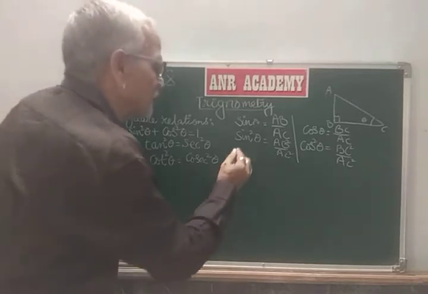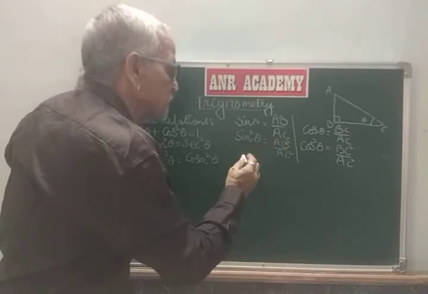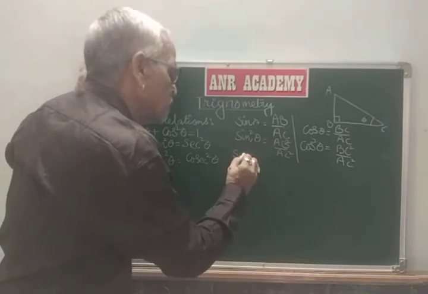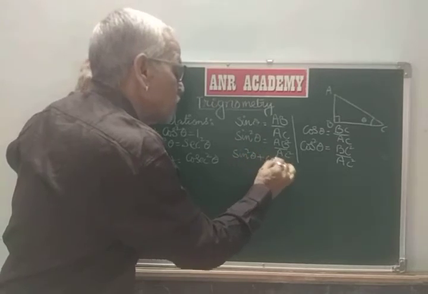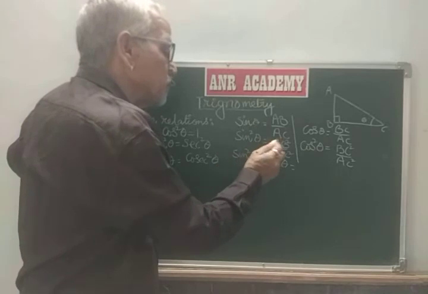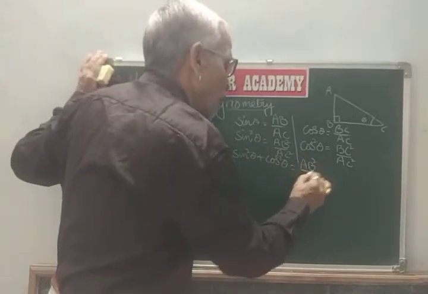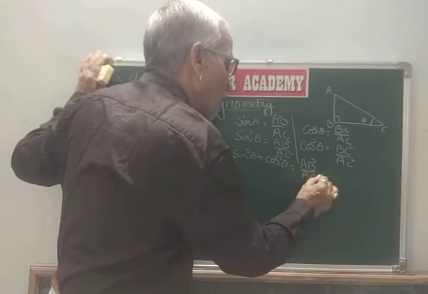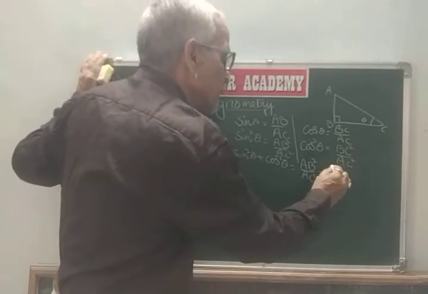So let us write sin square theta plus cos square theta. Sin square theta is AB square by AC square, plus cos square theta, which is BC square by AC square.